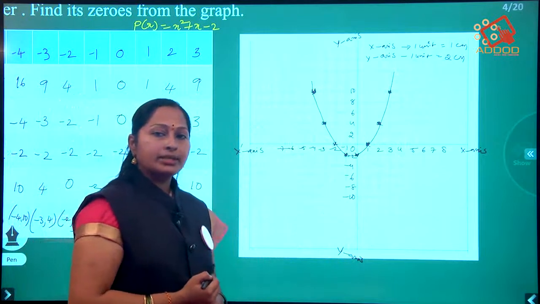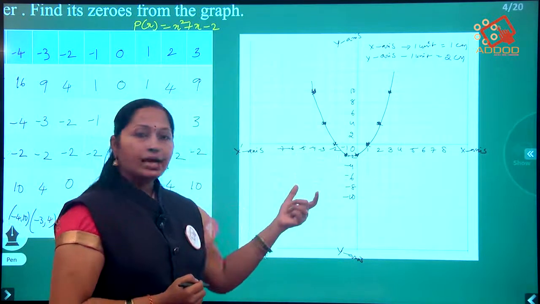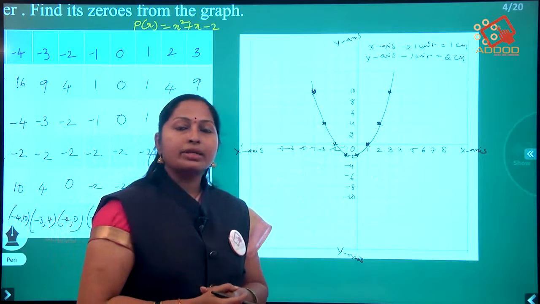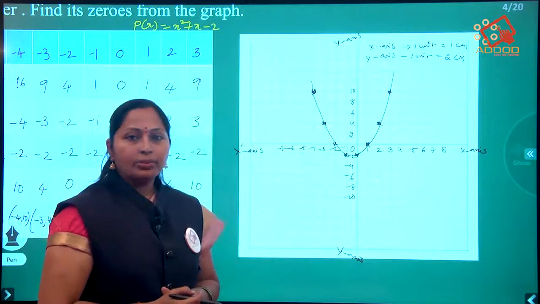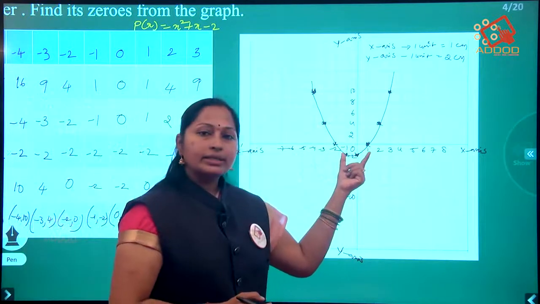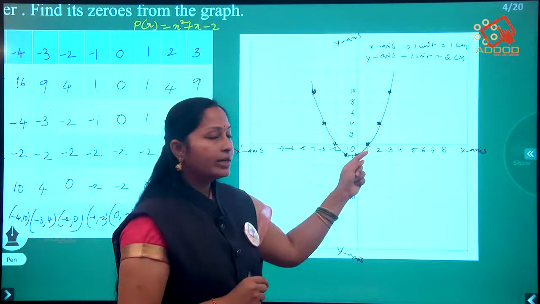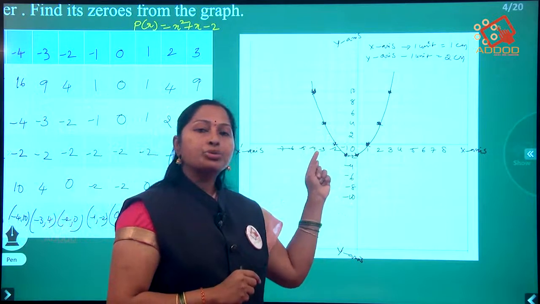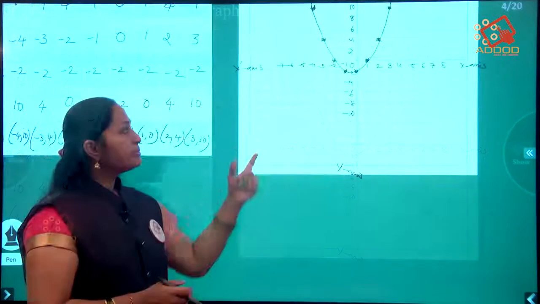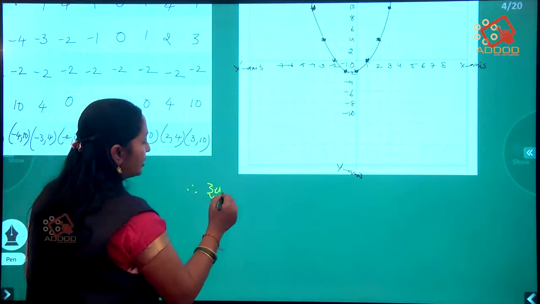By observing this graph, we are going to find the zeros. The points where this graph intersects the x-axis are the zeros of the polynomial. Now see, this curve is intersecting the x-axis at 2 points, minus 2 and 1. So therefore minus 2 and 1 are the zeros of the polynomial.